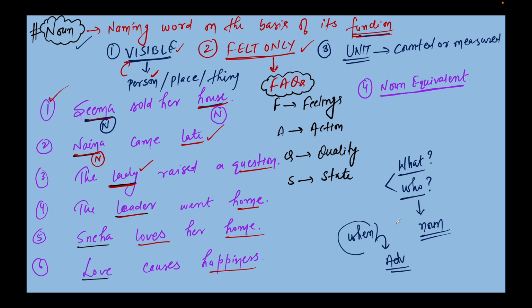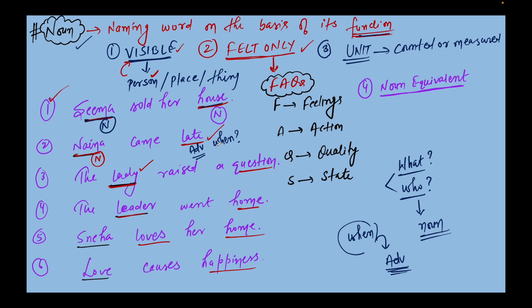If any word is giving the answer of when, then that word will be called an adverb. Is it clear or not? So Nana came when. It is giving the answer of when. So that's why it is not a noun, it is an adverb.